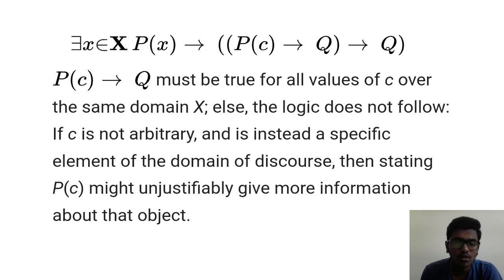If c is not arbitrary and is instead a specific element of the domain of discourse, then the starting P of c might unjustifiably give more information about that object.